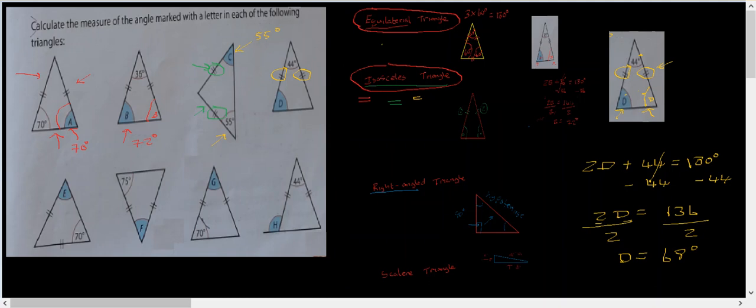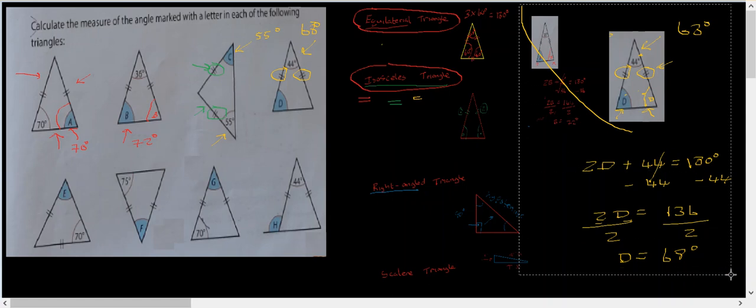So what we're saying is that this angle here is equal to 68 degrees. Okay, so that's that one, 68 degrees. And let's just move these out of the way so we can make some more space so I can work out the rest of them.